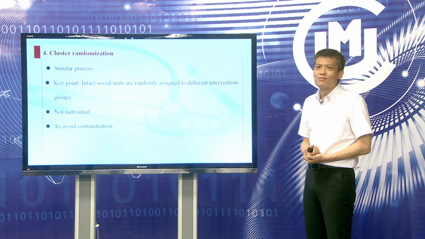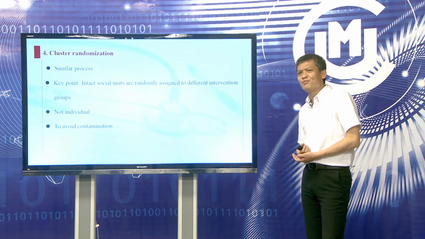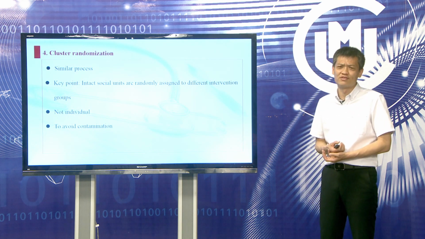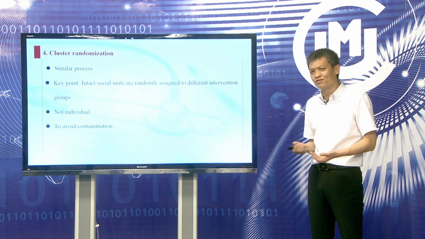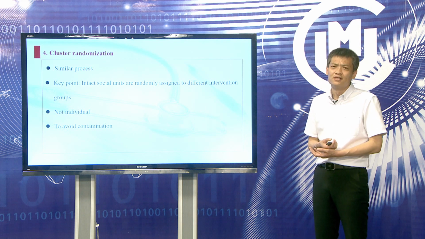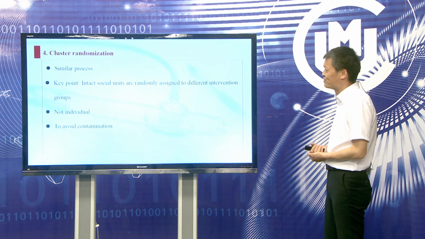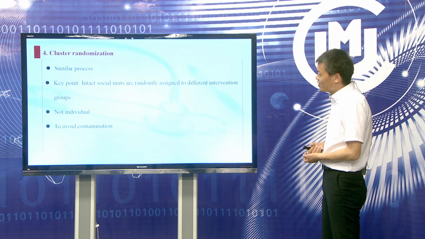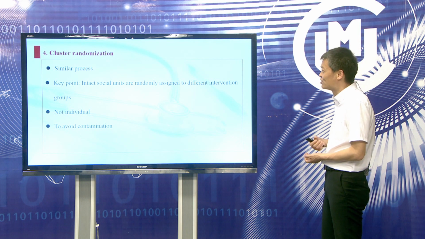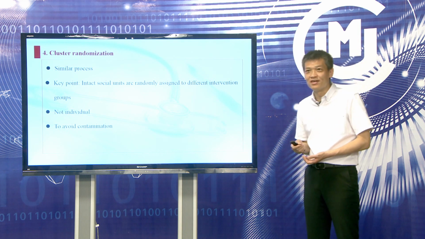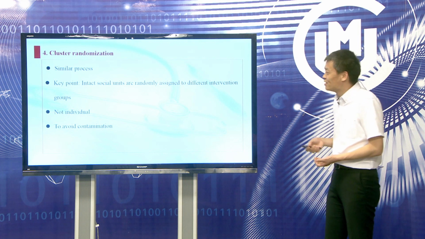The fourth is cluster randomization. Cluster randomization has a similar process to other methods of randomization, for example, stratified or simple randomization. The key point of cluster randomization is that intact social units are randomized to different intervention groups. It is the communities or groups, not the individuals.